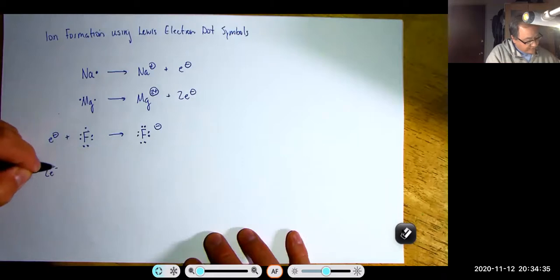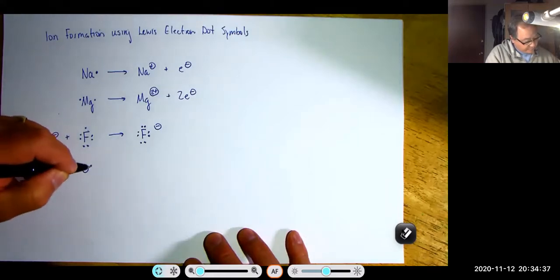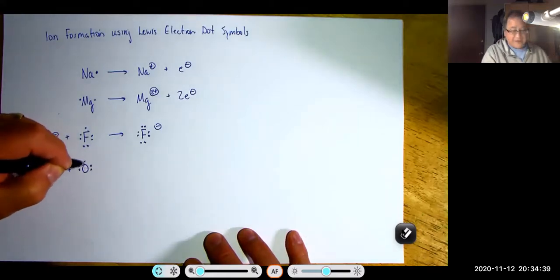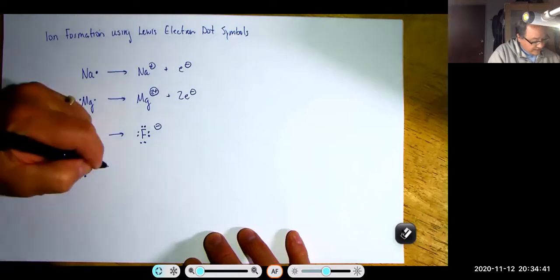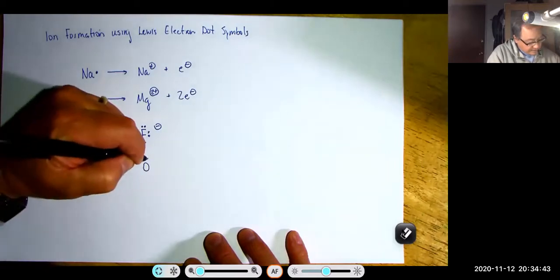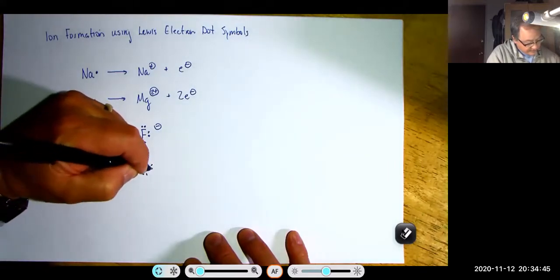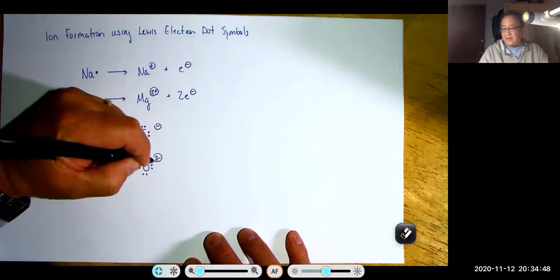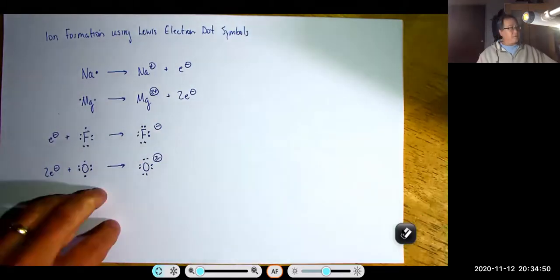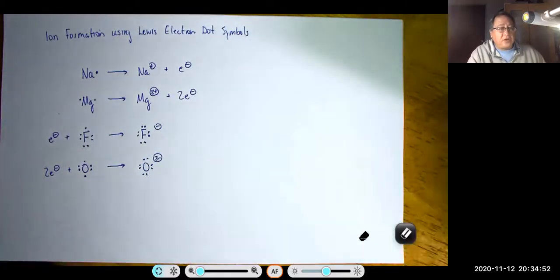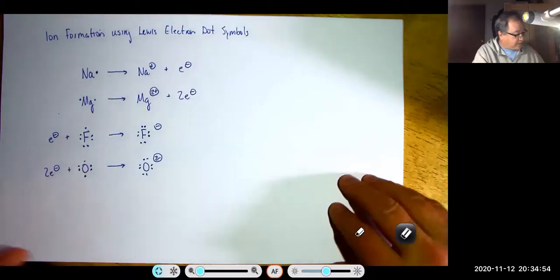And it's the same thing for an oxide ion, which has 6 valence electrons, and it becomes the oxide ion. Okay, so this shows you ion formation for these.